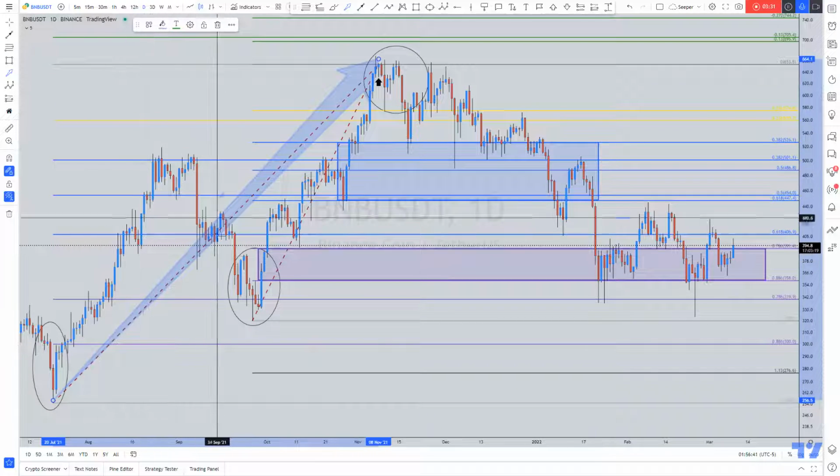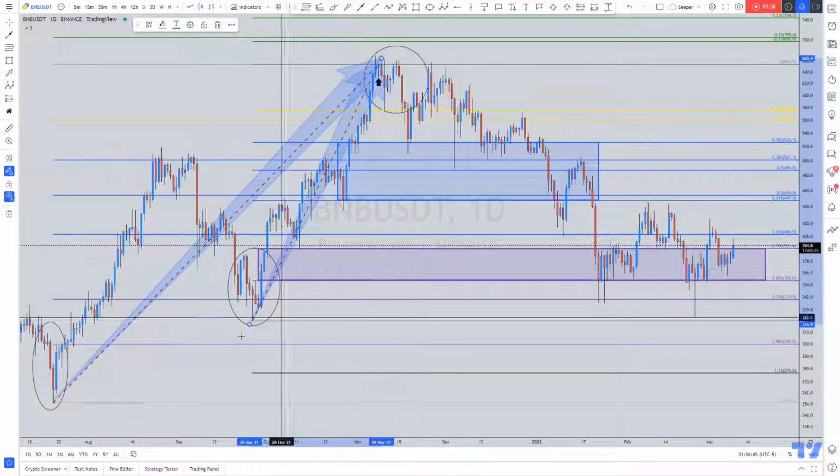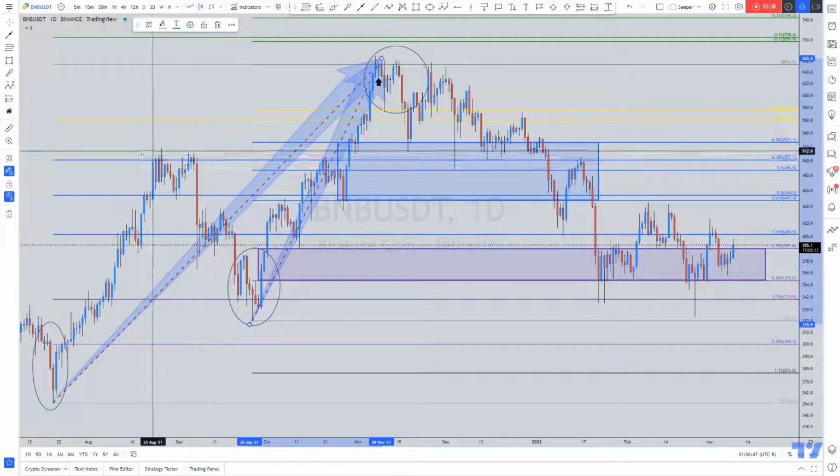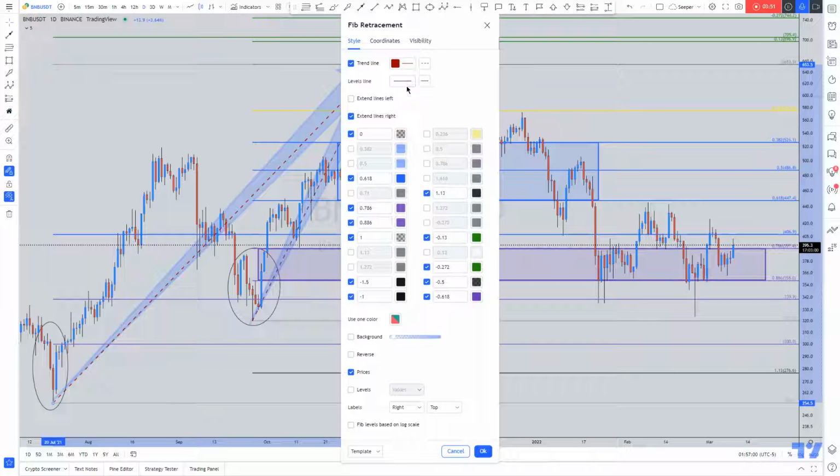Now, since it did retrace here, I'm going to redraw 2 arrows indicating the 2 different Fibonacci's that are on the screen as well. But I'll turn all of these for this one off and just leave it like that, and we'll make this one thicker so we know the difference.